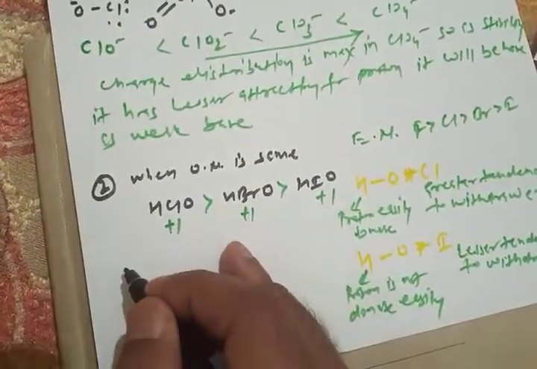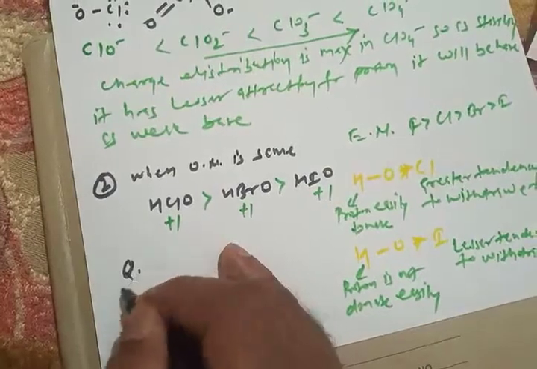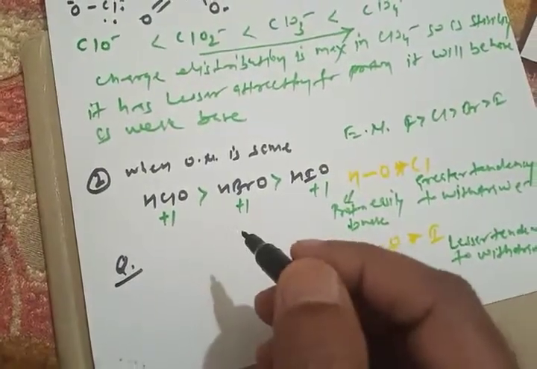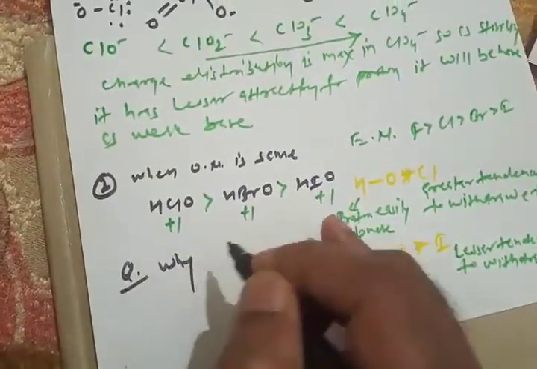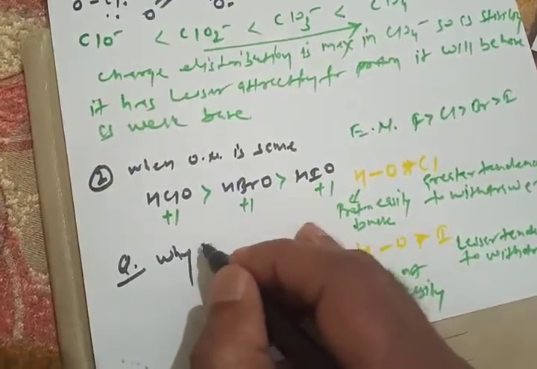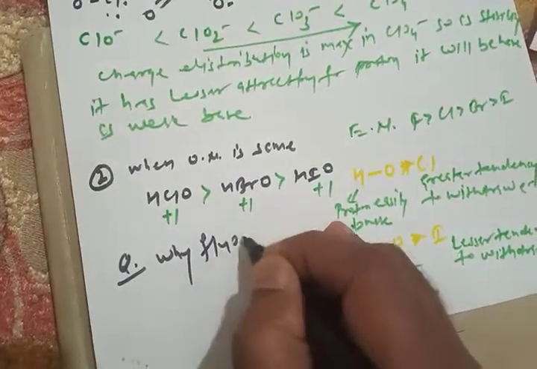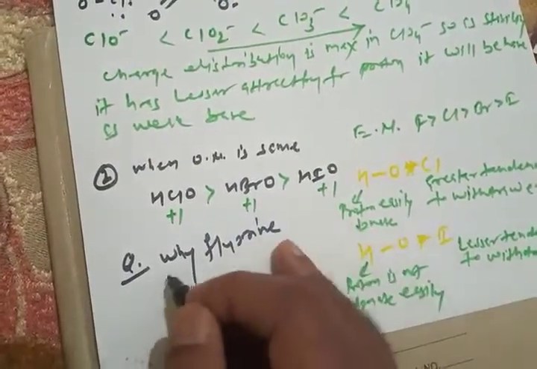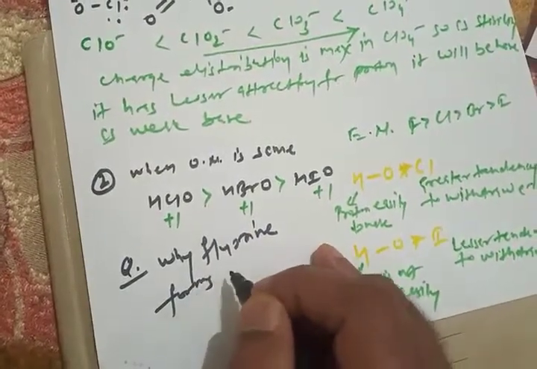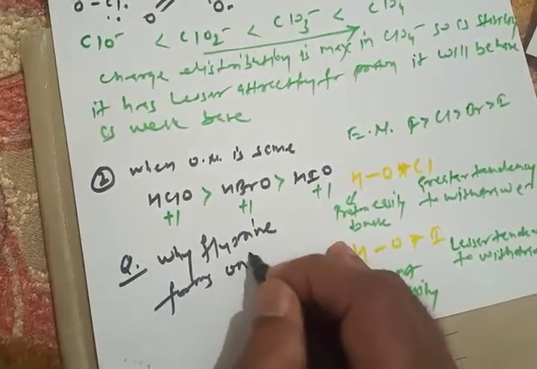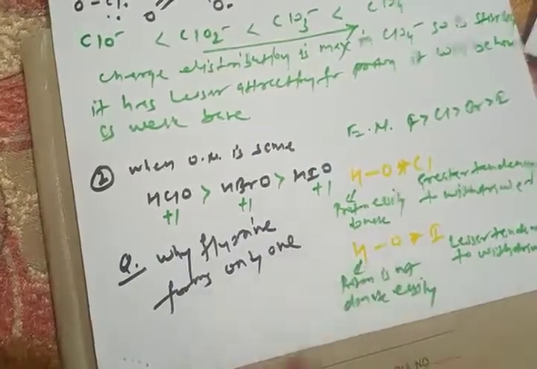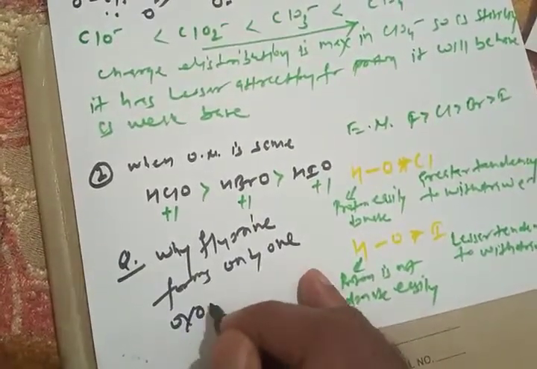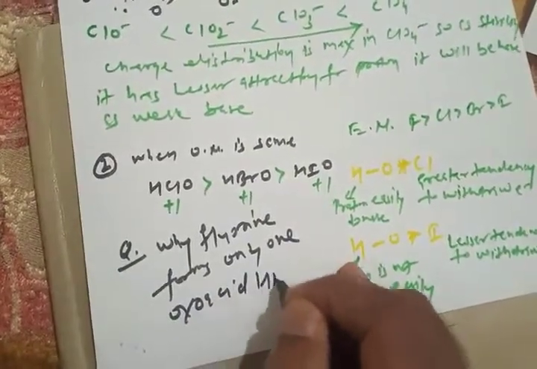Okay, now we are going to end with a question, a very simple question, you can answer very easily. Why does fluorine form only one oxoacid, that is HOF?